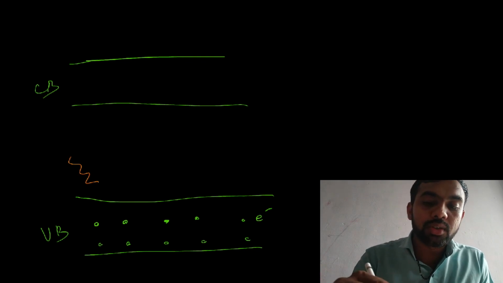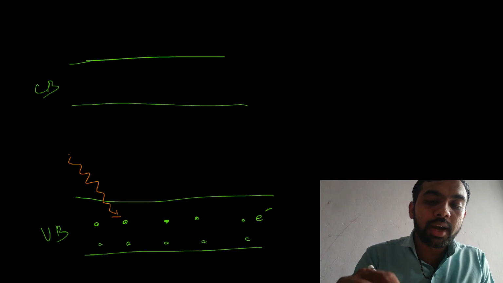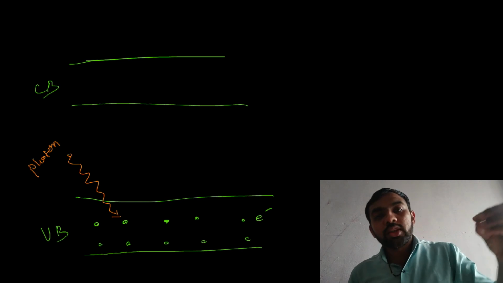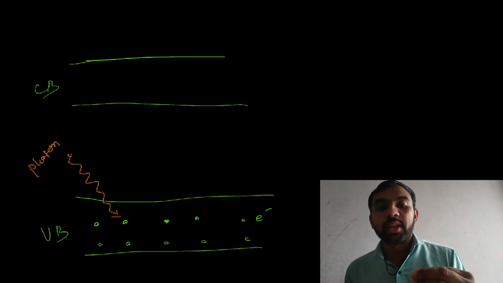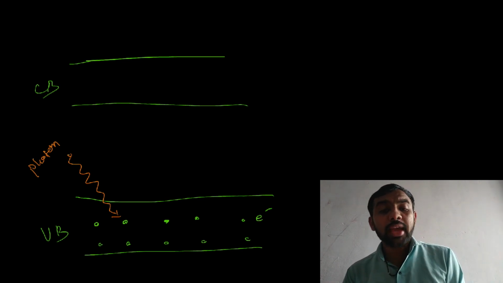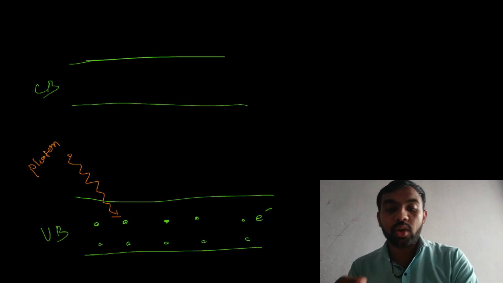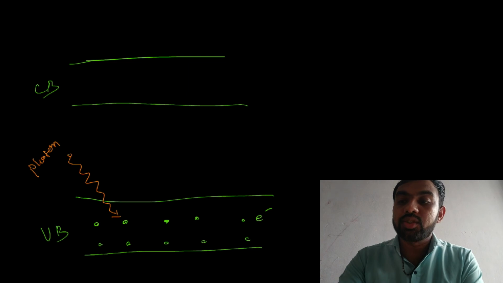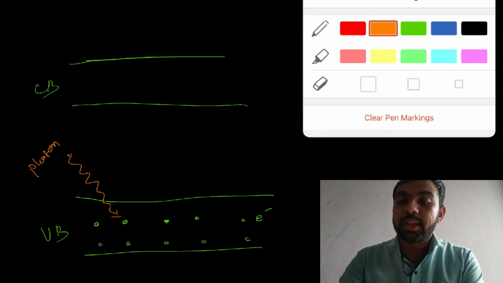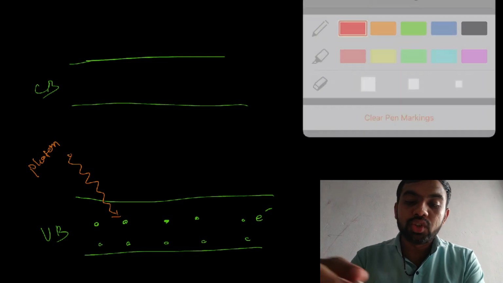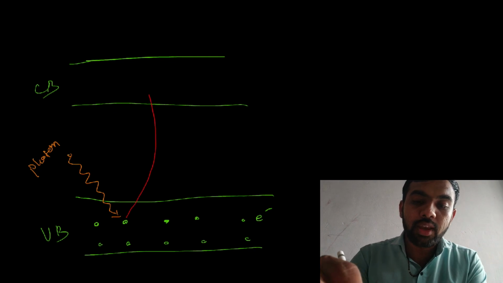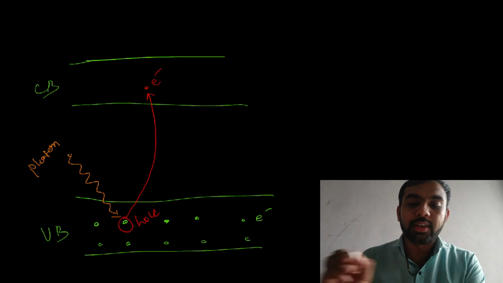You can use this one also. Suppose you give the energy by a photon, meaning a photon is incident on the electron. Then some energy is received by this electron, and this electron jumps from the valence band to the conduction band, and here the hole is created.